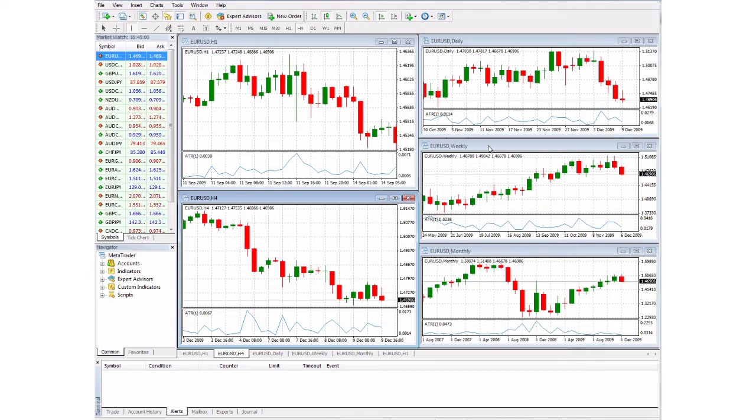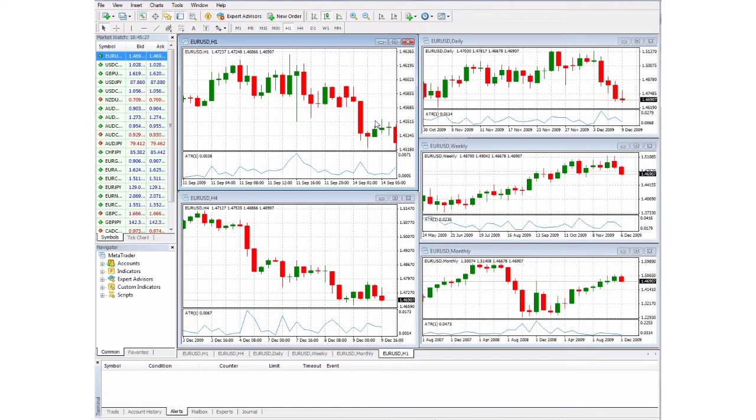We've looked at channel breakouts. We've looked at support and resistance. We've looked at a number of different things here. We've looked at how to actually place orders. We've looked at controlling our risk, which is quite naturally of paramount importance. So we've covered the basics of what you need to trade successfully.